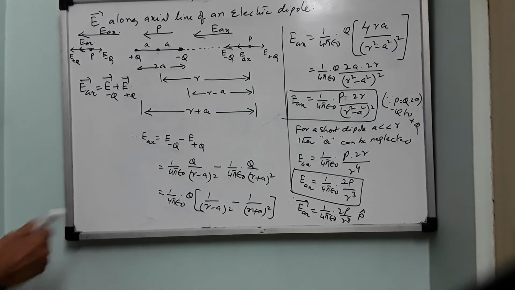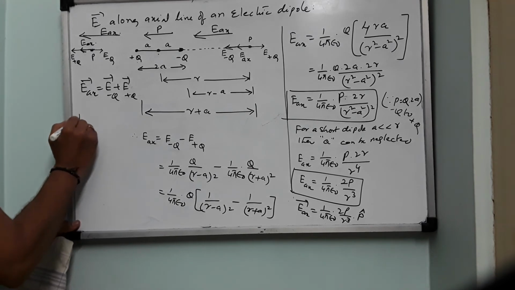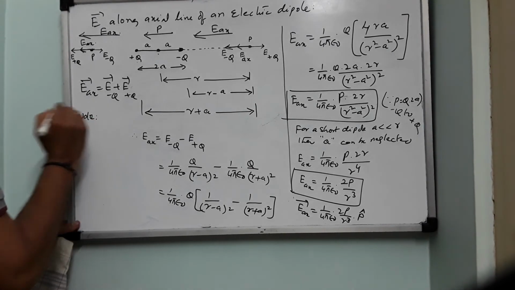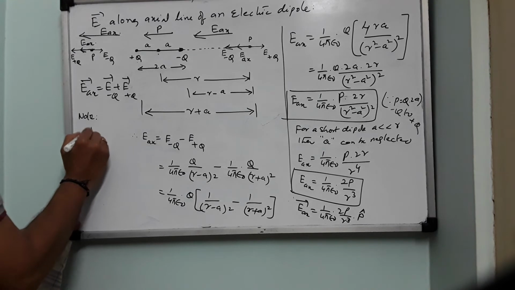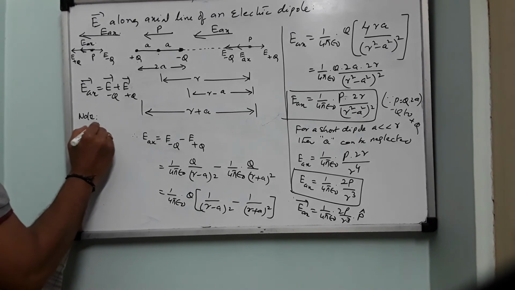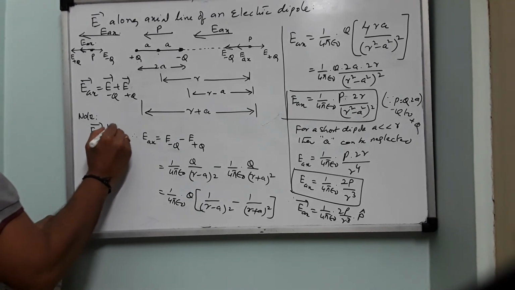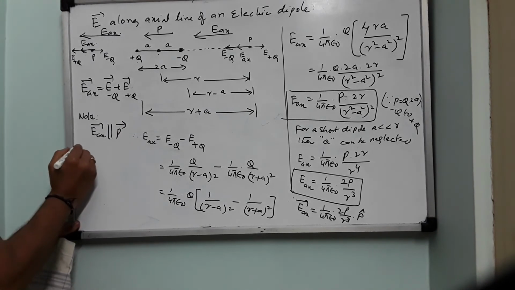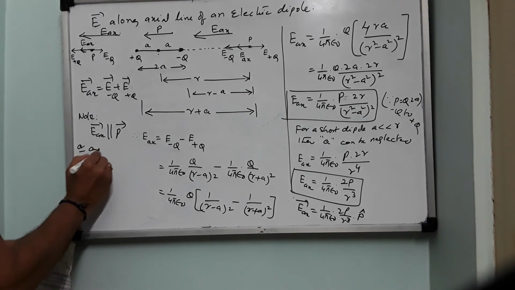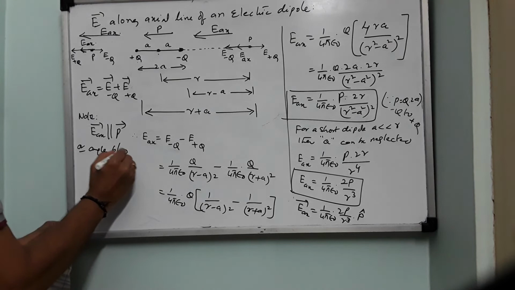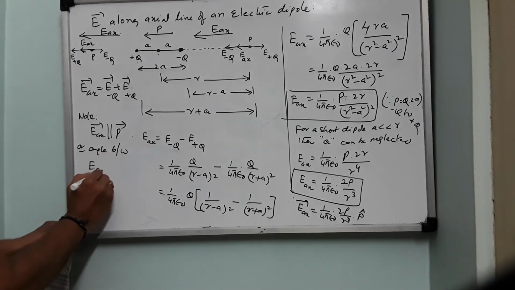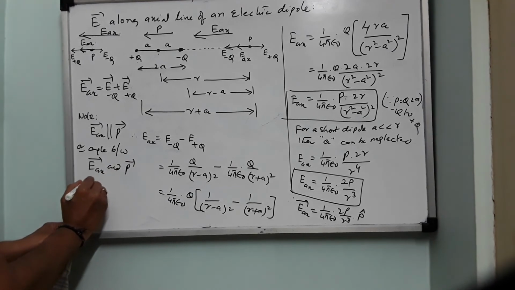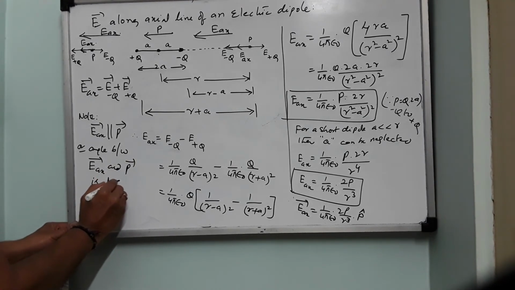So you can write a statement as a note at the bottom of the notes: E axial is parallel to P vector, or angle between E axial and P vector is always 0.